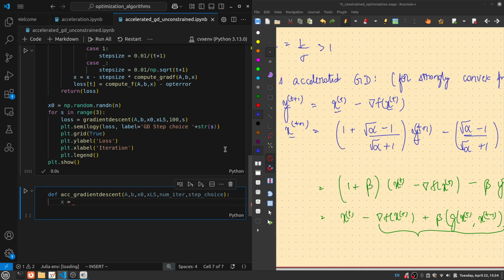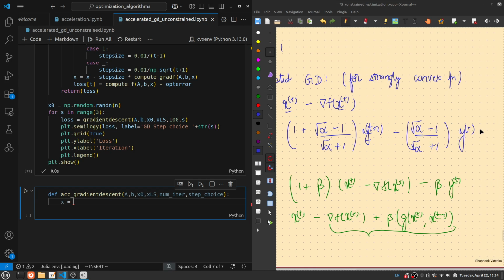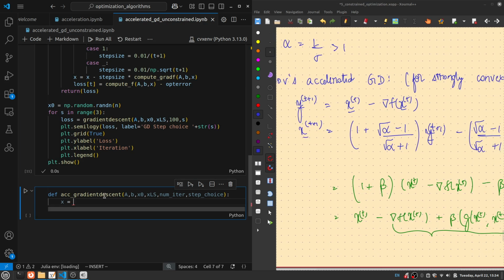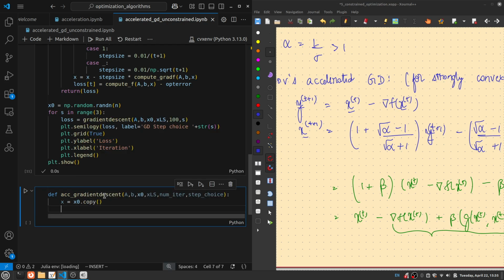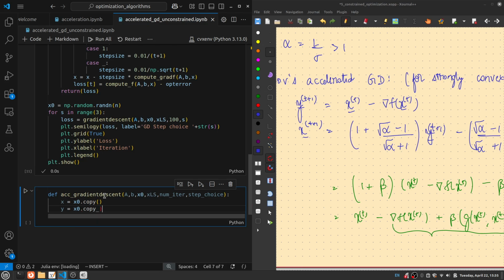In this case, I need to keep track of y, yt, and yt minus 1. So I choose x to be equal to x naught. I also need a y, which I will initialize also to be x naught. I need a y previous.